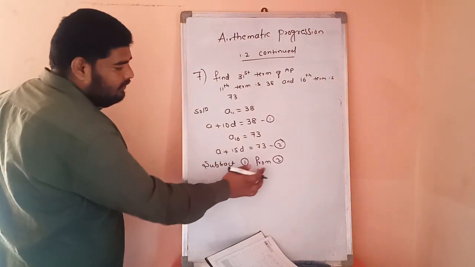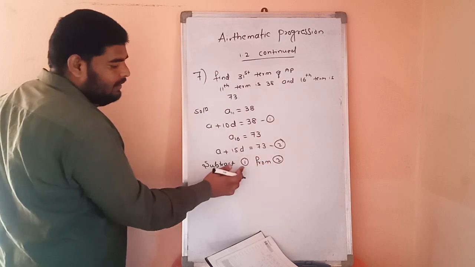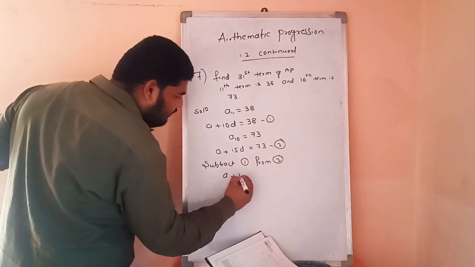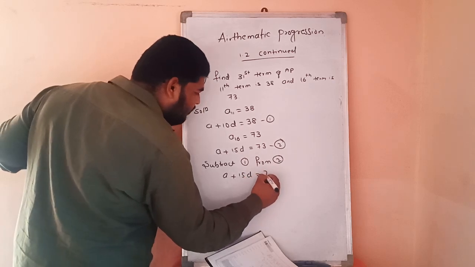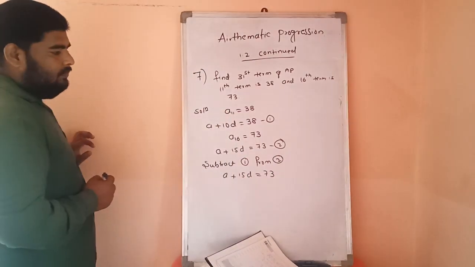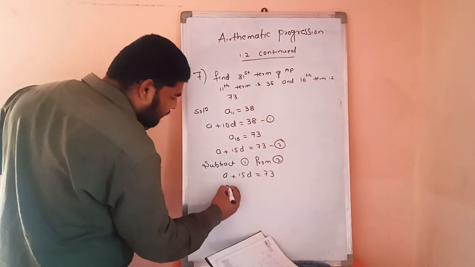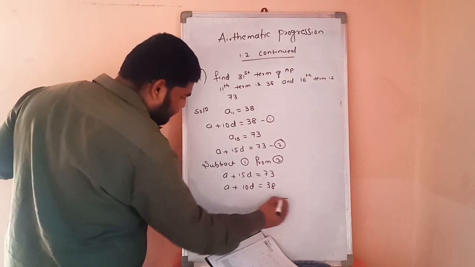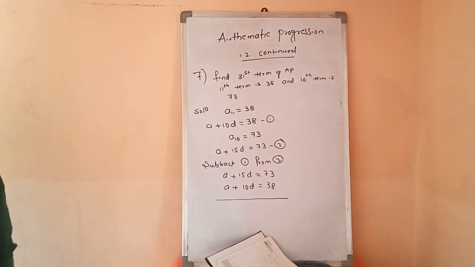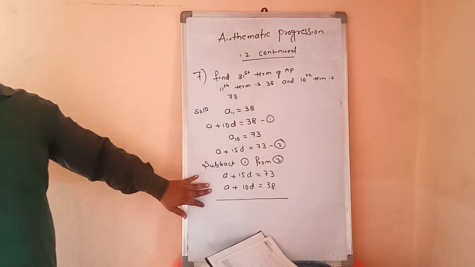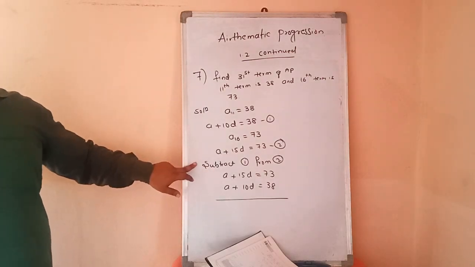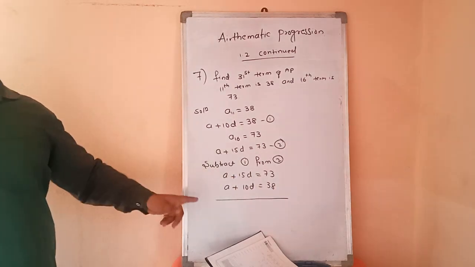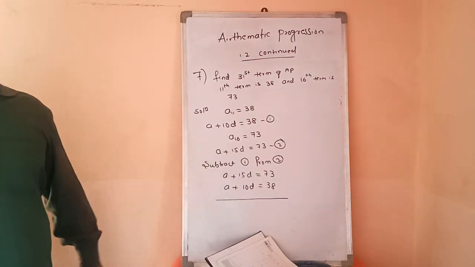Now, equation 2, we are subtracting 1. So first write equation 2: a plus 15d is equal to 73. Equation 1: a plus 10d is equal to 38. Now we are subtracting. For the downside equation, whichever number is there, we have to multiply with the minus sign.